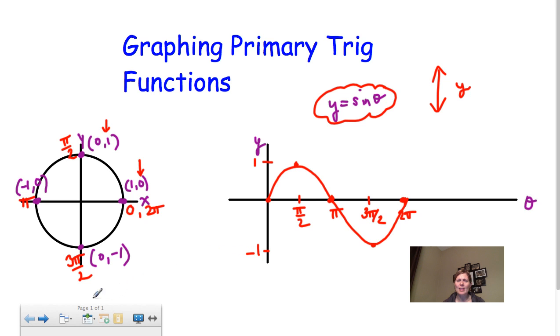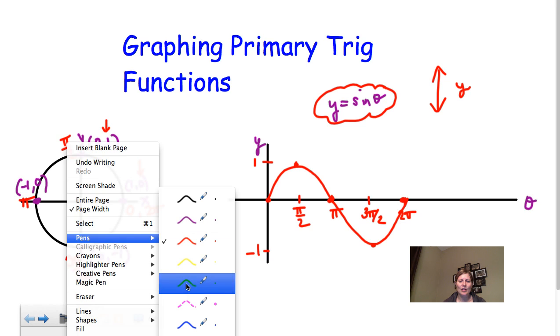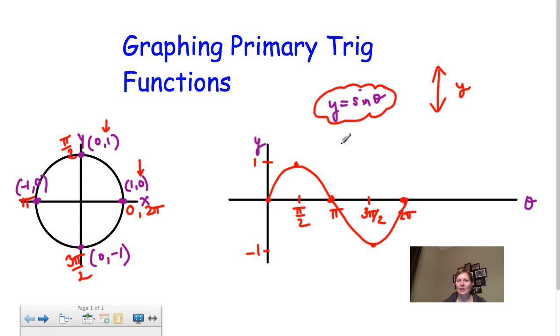Okay, let's compare that to our cosine function. I'll do it down here. So y equals cos theta, and cos, if you remember, are the back and forth guys. Those are the x values of the points on our unit circle. So if I go to 0 radians, I look at the x values, and I'm way up here at 1.